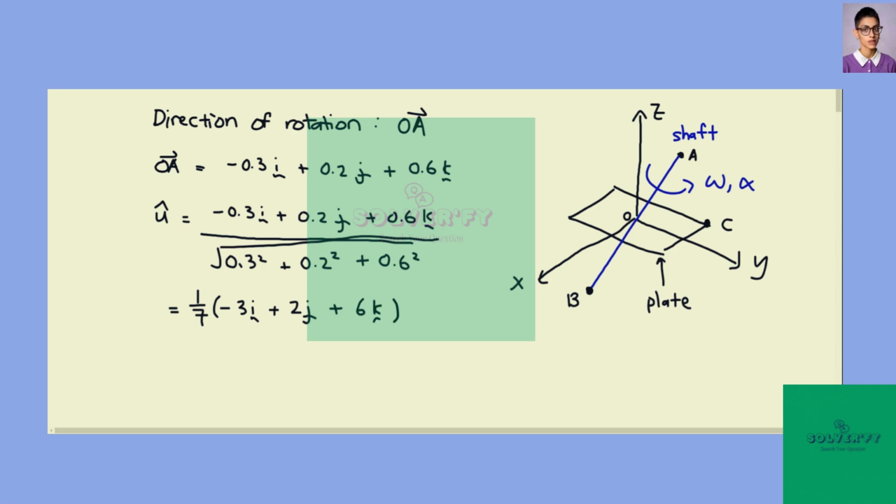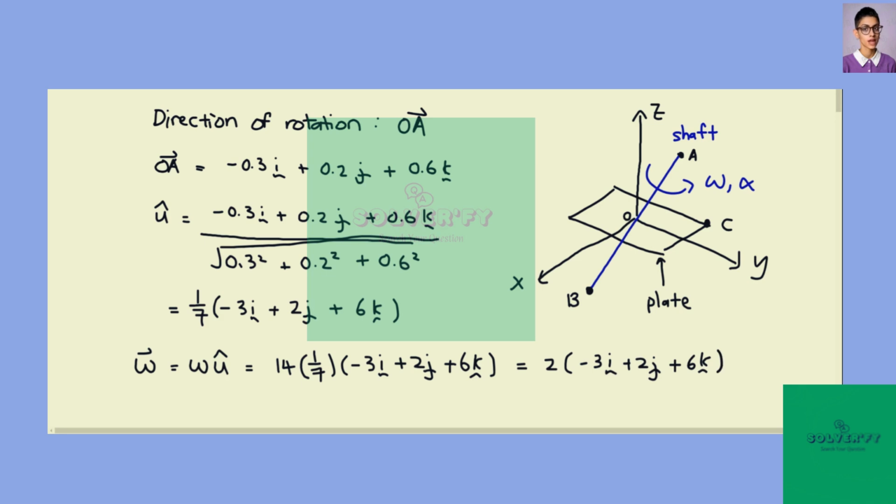Then the angular velocity is going to be the magnitude of the angular velocity times the unit vector. So it's going to be 14 times 1 over 7 times the vector, and this is just 2 times minus 3i plus 2j plus 6k.